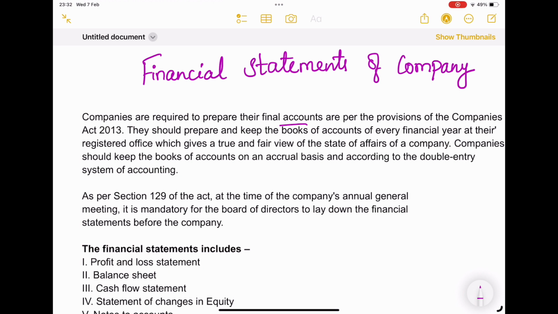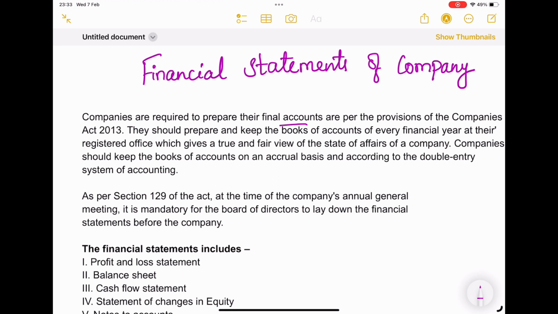In order to provide a clear picture about the company, in order to identify the accurate net profit of a company, because people in the public sector are also investing in companies, right? If you are running a larger business, there will be more partners.